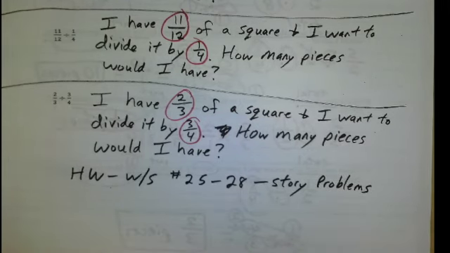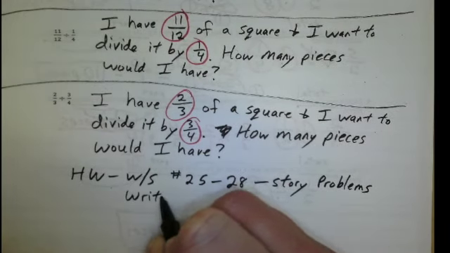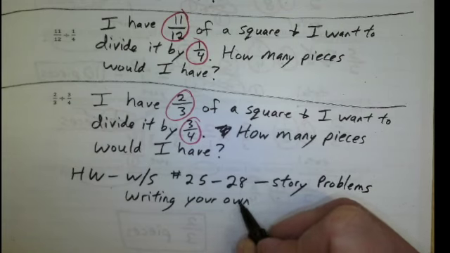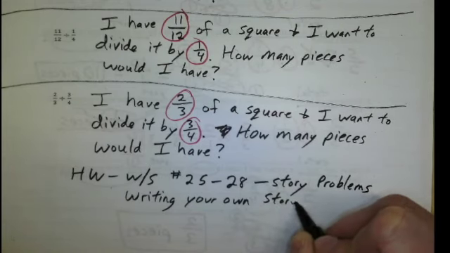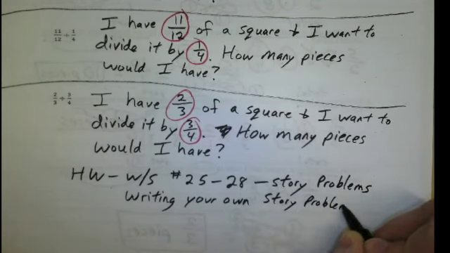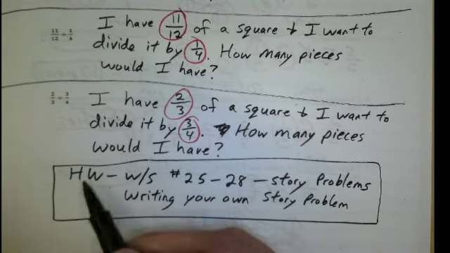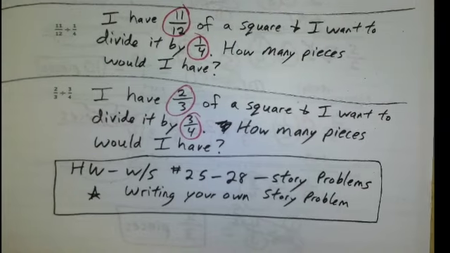And then you're going to practice writing your own story problem. Just like you did here, you did 3 of them on this page, and I will give you more information on that in class.